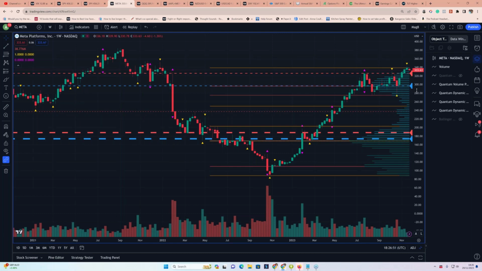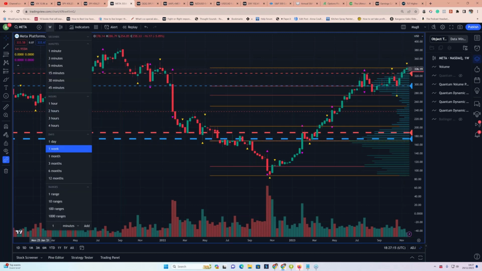So you do have to also bear in mind when you see this reduction in volume, and it's certainly approached this resistance here from the outermost band, if you like, created from the volume point of control. But it's still not in consolidation. It's had, so far this week, a little bit of a pullback.